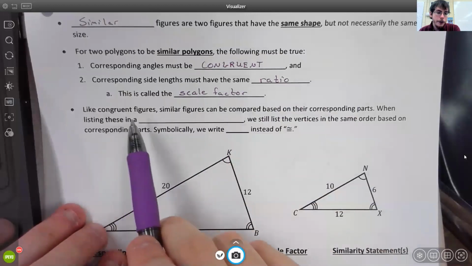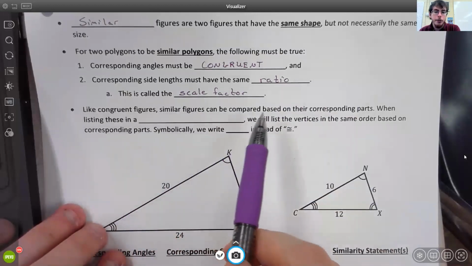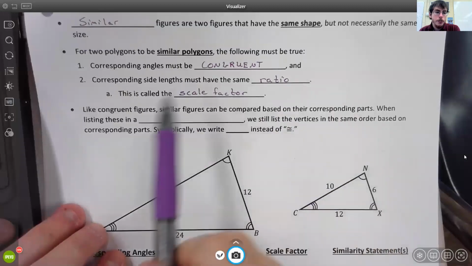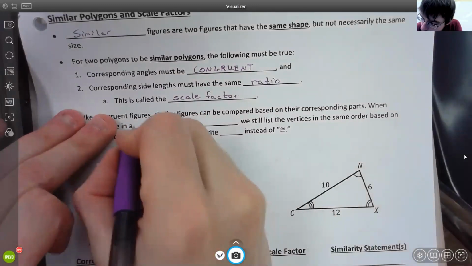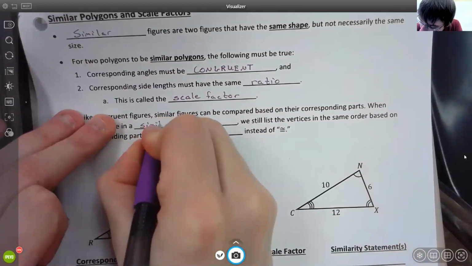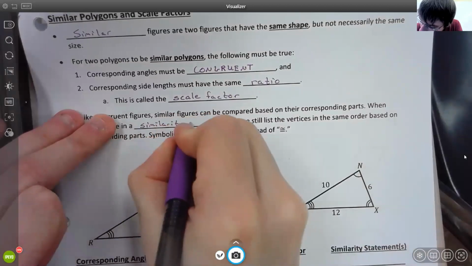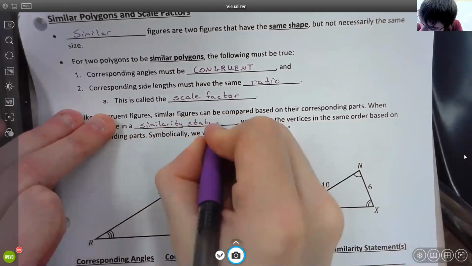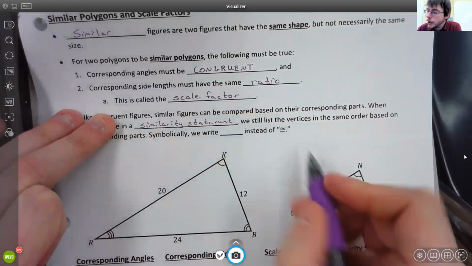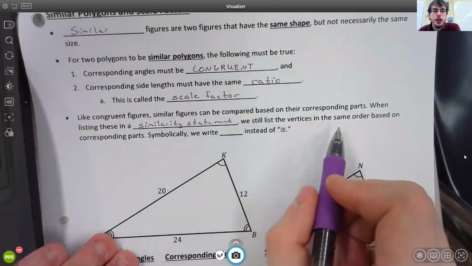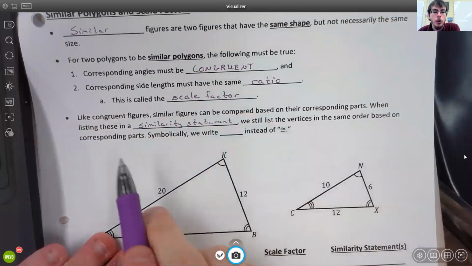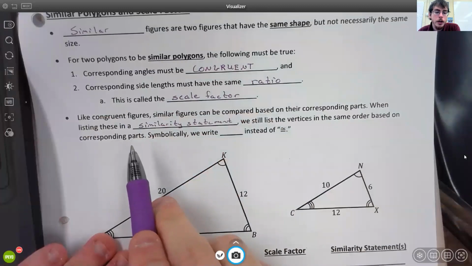Now, like congruent figures, similar figures can be compared based on their corresponding parts. When listing these in a similarity statement, we still list the vertices in the same order based on corresponding parts.